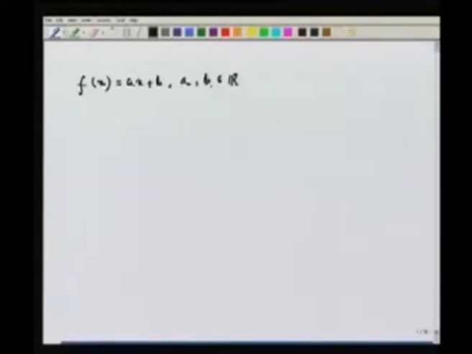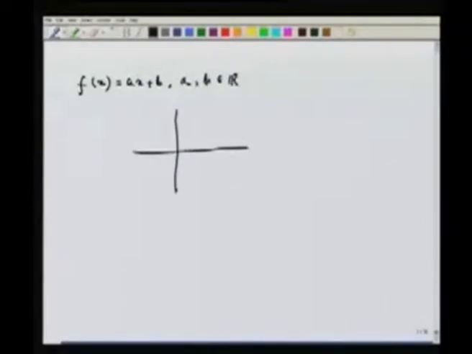Depending on a and b, if I want to draw the graph of the function f, it will look something like this. Well, this looks really continuous, there is no gap in the function. One can draw it continuously. This is the intuitive feeling, which we want to make analytic in the language of mathematics.